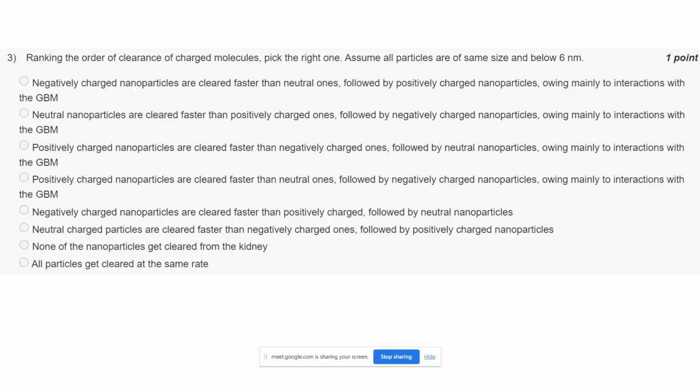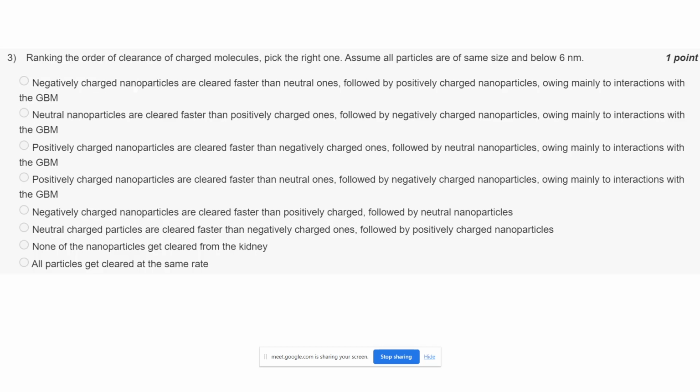Now the next question. Ranking the order of clearance of charged molecules, pick the right one. Assume all particles are of same size and below 6 nanometer. Negatively charged nanoparticles are cleared faster than neutral ones, followed by positively charged nanoparticles, owing mainly to interactions with the GBM.